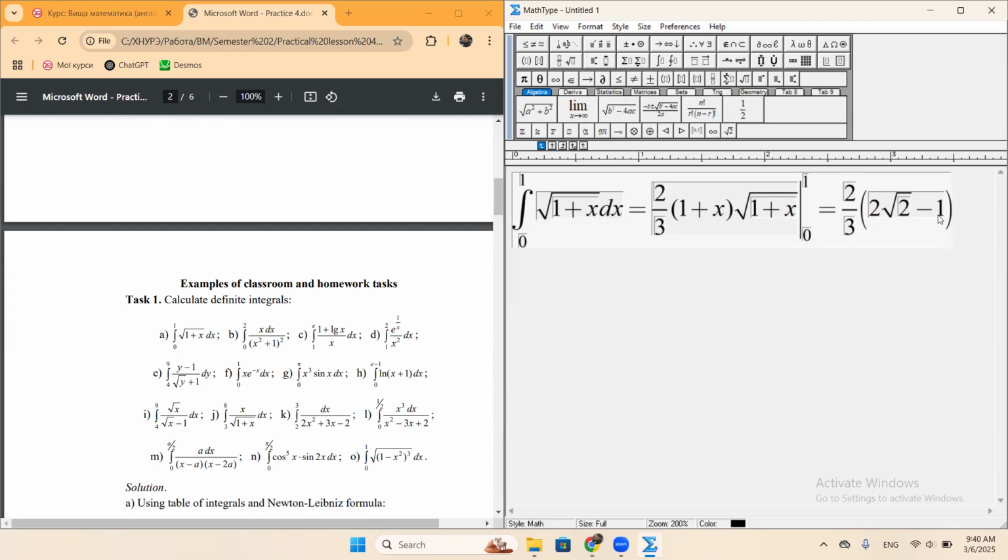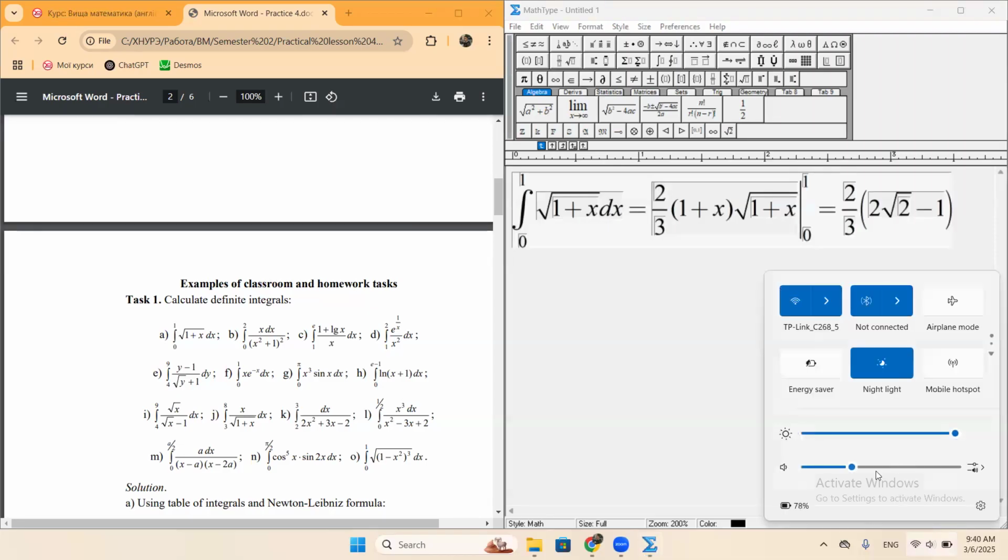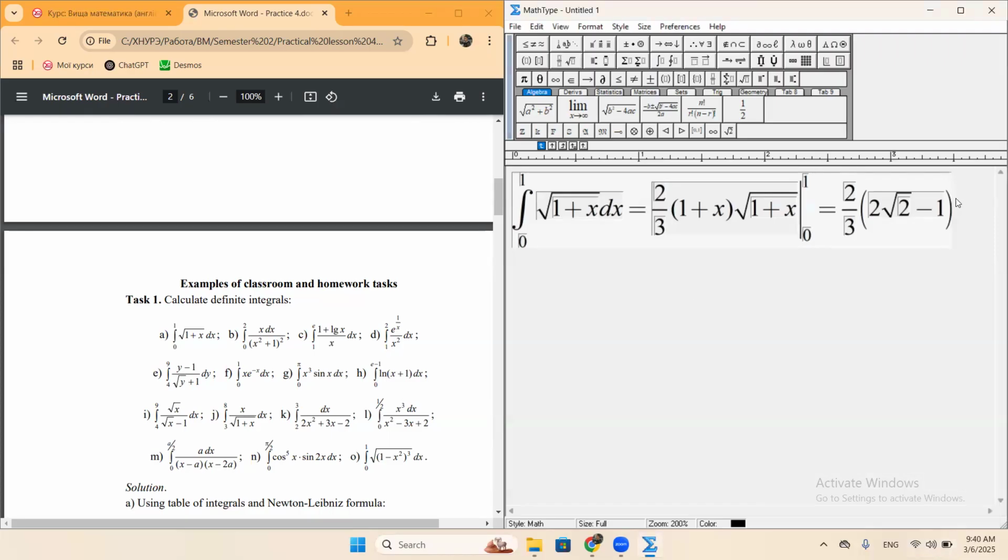I have a question. Where did we get 2 over 3 times 1 plus x? Okay, from the table of integrals, the integral of x to the power alpha dx gives the antiderivative 1 over alpha plus 1, x to the power alpha plus 1, plus c.